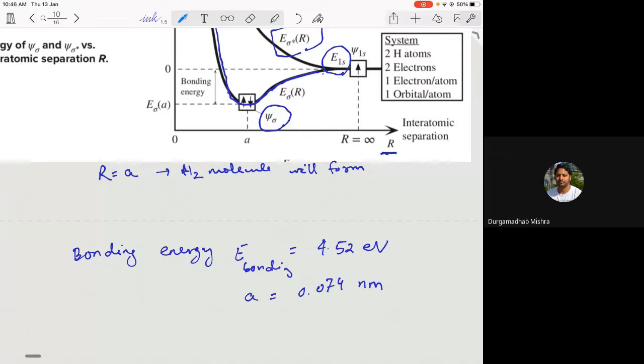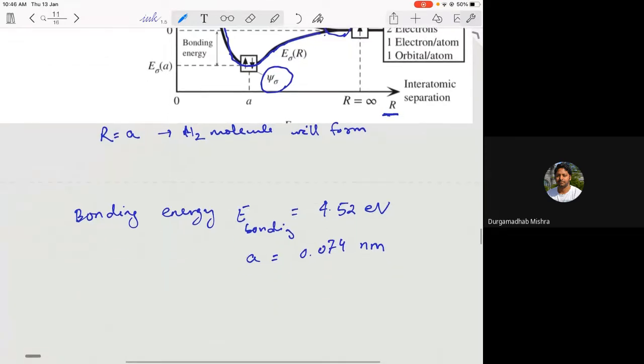So this is one thing which you can see here, in the bonding molecular orbital. The energy is something like, we don't know exactly, but at least it is inversely proportional to the separation distance between them.